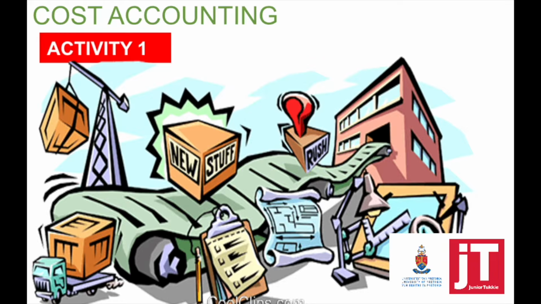If we look at our work in process stock account, in this account we will determine the cost of finished goods produced during this accounting period. So the work in progress is actually our unfinished goods. Then we've got our finished goods stock account. In the finished goods stock account, we would calculate our cost of sales.